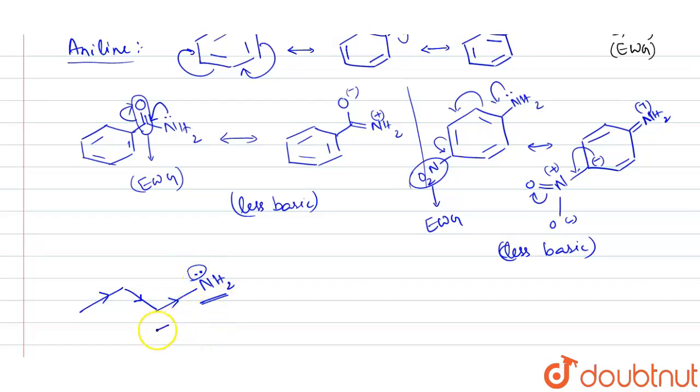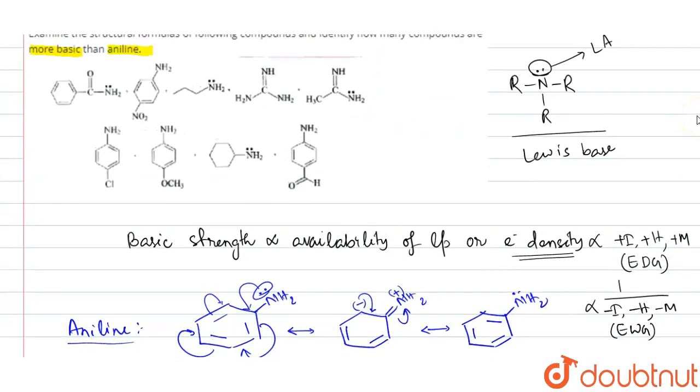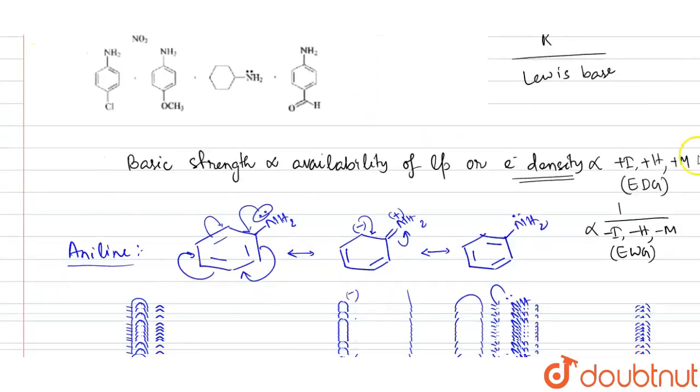So this is an electron donating group, and we see the basicity of this compound is more. So this is more basic as compared to aniline. Now let us look at the next compound, and this one is a guanidine type of structure.